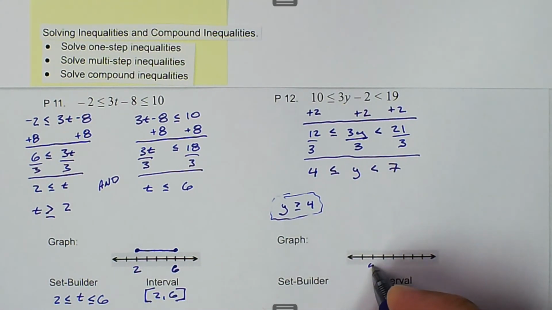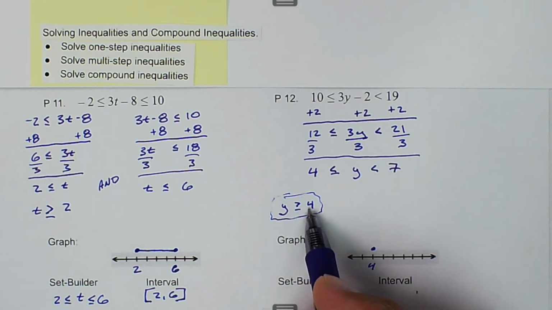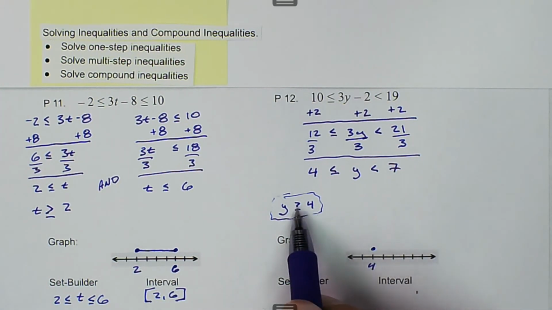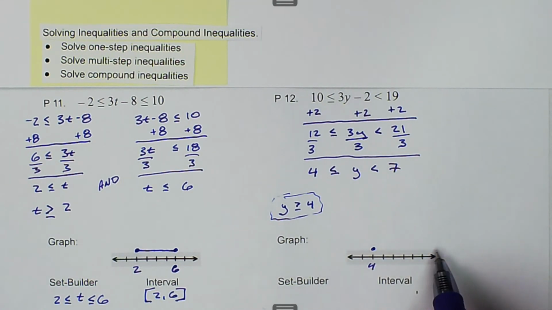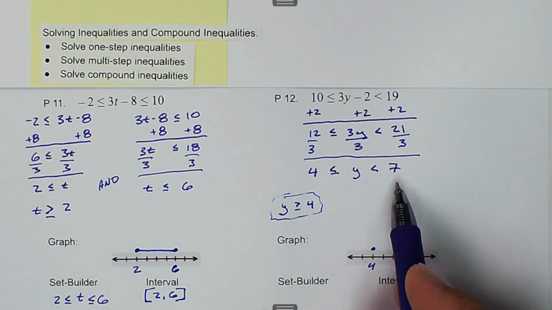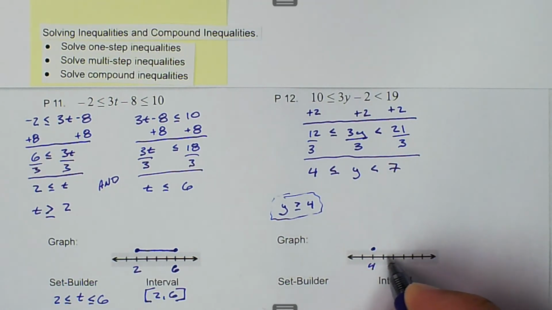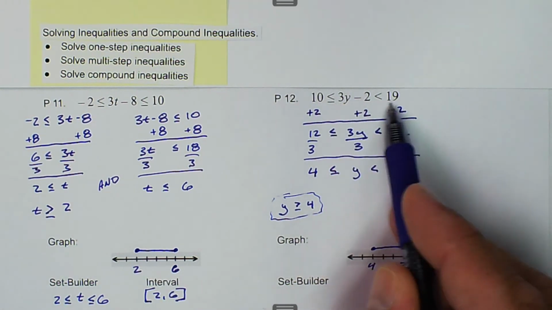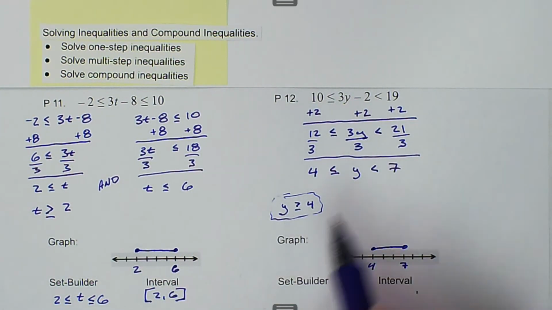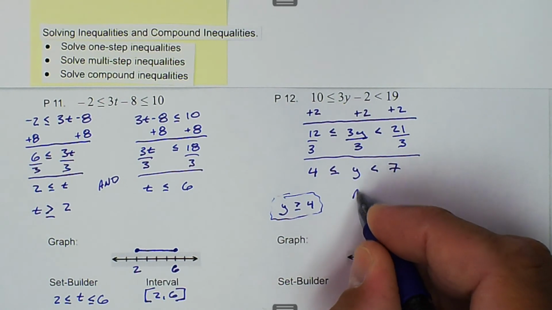So 4, that is included, and everything bigger than 4, because the arrow is pointing this way. And then 7 is not included, so we have an open dot at 7. In this case, it's everything in between, because if it's written like this, as a compound inequality, that means and.